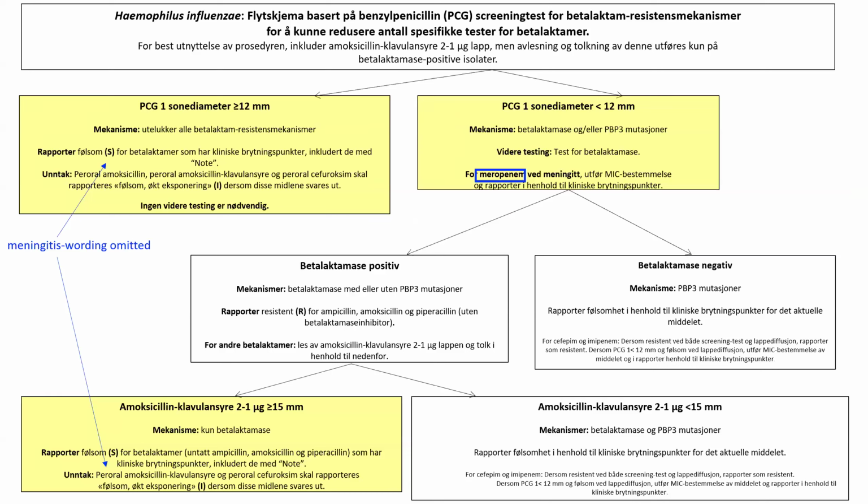When it comes to the 2 left yellow boxes, the only thing new is that we've omitted the meningitis wording. And when it comes to the upper right yellow box, we specify that it is for meropenem and meningitis that you need to do the MIC. So this should also be easier than previously.